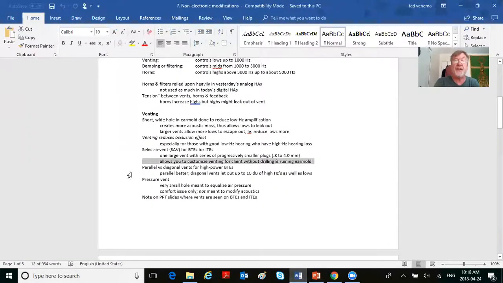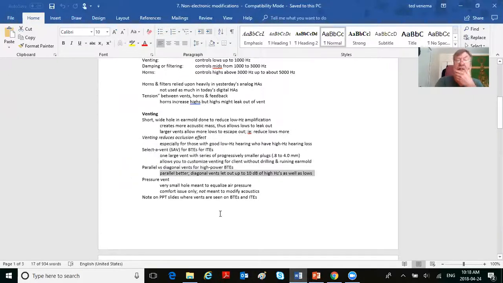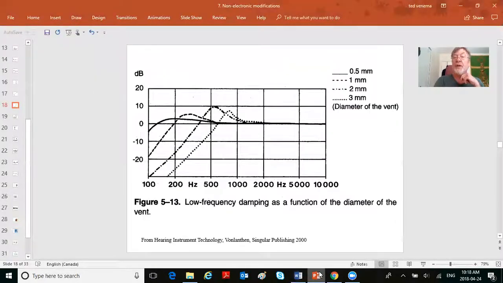Let's read it here. Parallel versus diagonal vents. Parallel is better. Diagonal vents tend to let out up to 10 dB of highs as well as the lows. Pressure vent, there's a definition for you. Pressure vents are just small vents, 1 millimeter in diameter. So look at the dashed line, 1 millimeter.